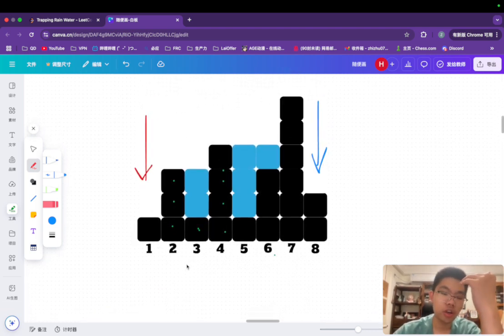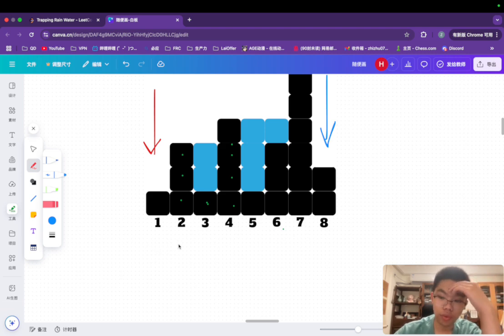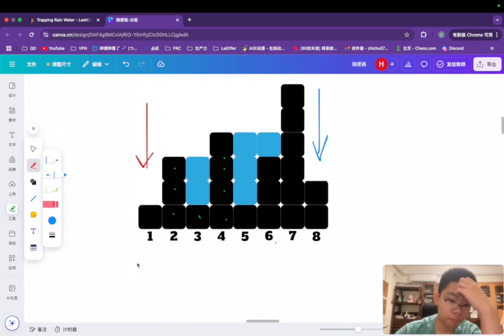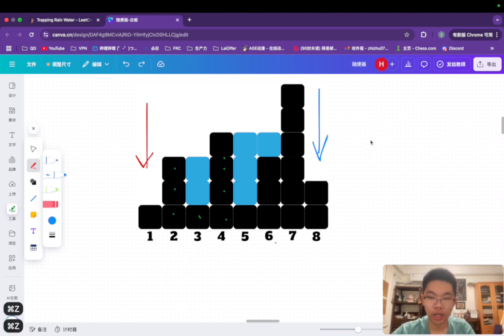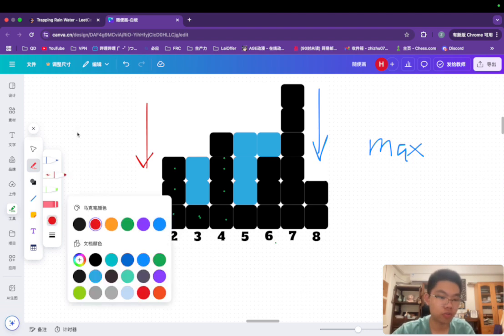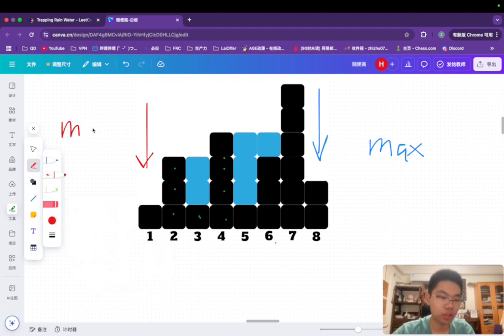So actually we need two other variables to hold the max height so far we have reached from the left side and the right side. So red max and blue max.